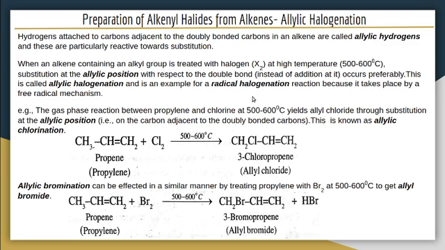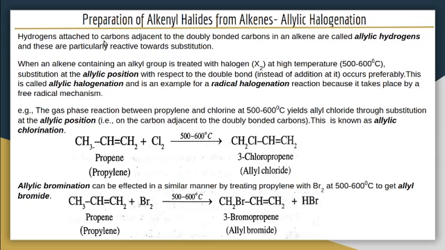So far we discussed the preparation of alkyl halides. Now we are going to discuss the preparation of allylic halides from alkenes, that is allylic halogenation. So what is an allylic carbon or allylic hydrogen?